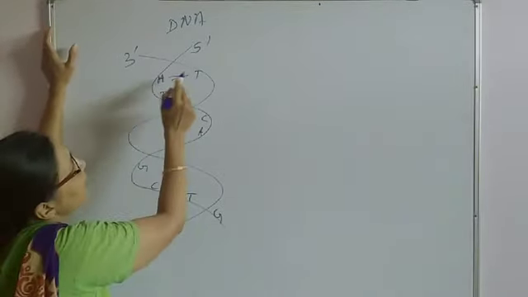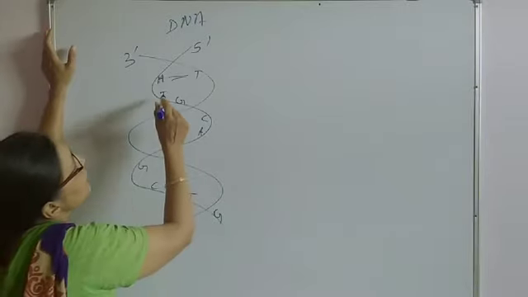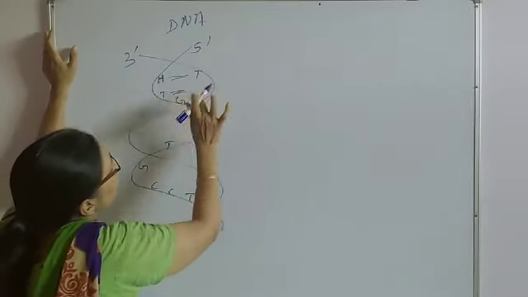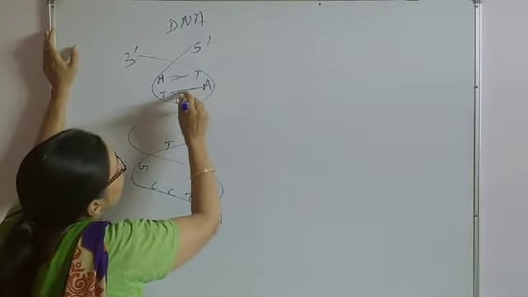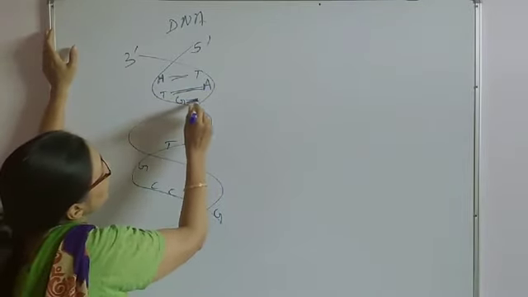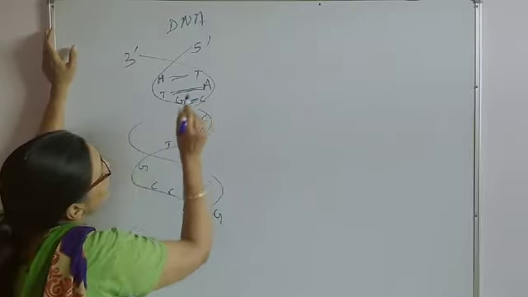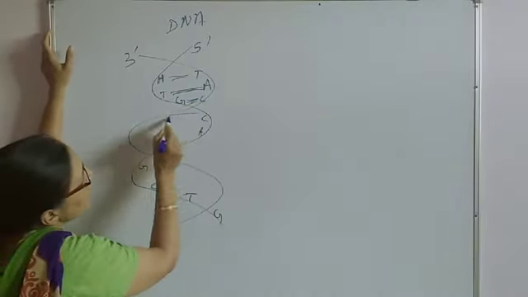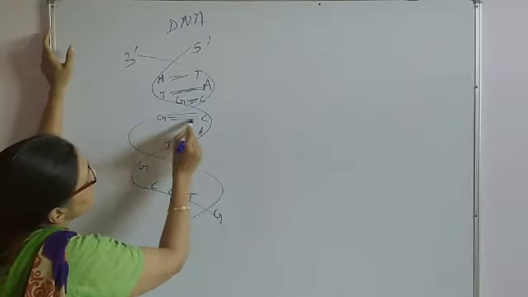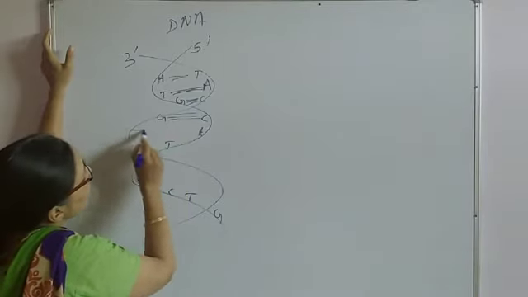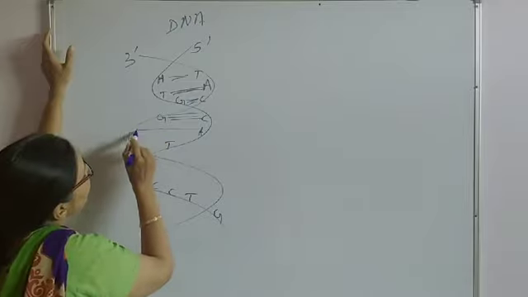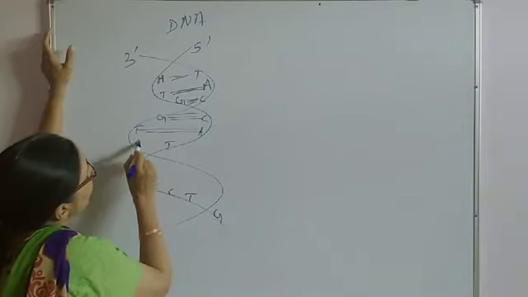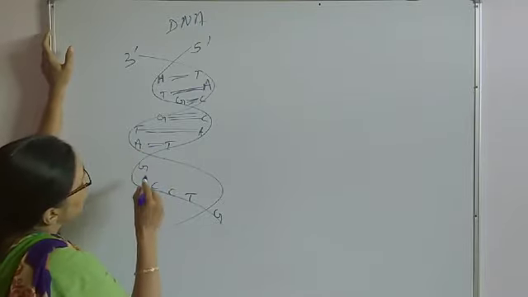This one is T, then it will attach with A. Guanine forms 3 hydrogen bonds with cytosine. So if I know G, then I will write C. Again C, then in the opposite direction G will be there. For A, T will be there with a double hydrogen bond. If T is here, then again A will be here with a double hydrogen bond.